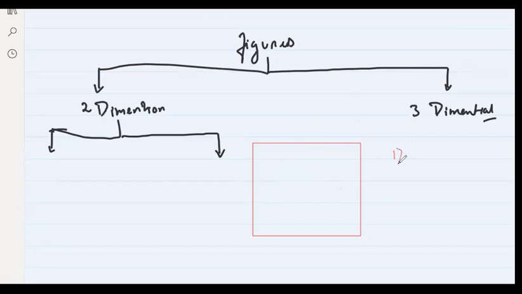First thing is boundary, and second is space enclosed.